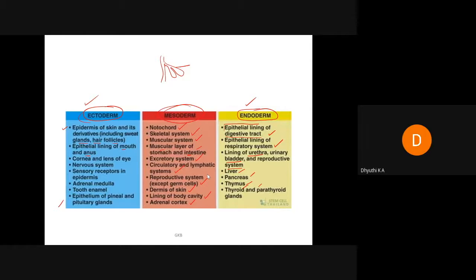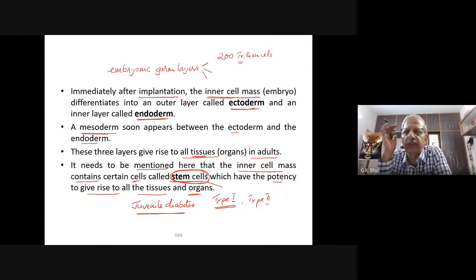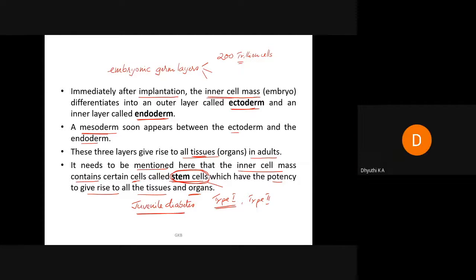Yes, sir. Ectoderm derivatives are the epidermis of skin and the epithelial lining of mouth and anus, then cornea and lens of the eyes, and then sensory receptors, adrenal medulla, the tooth enamel, and the nervous system, and glands associated with the nervous system present on the brain, the pineal and pituitary glands.